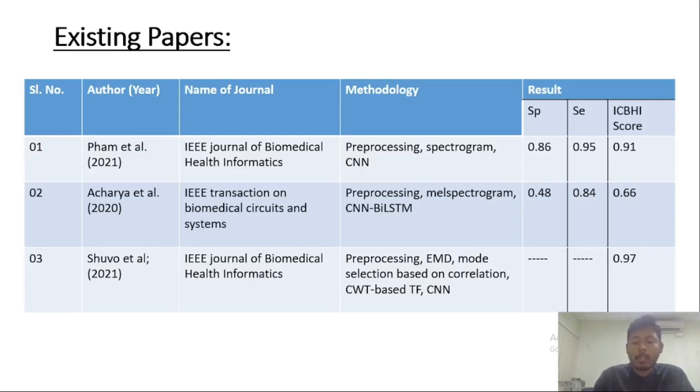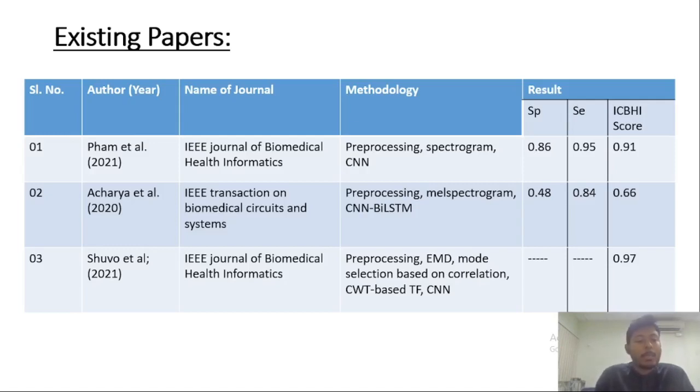They selected a specific mode based on a correlation criterion. Then they converted that mode into a continuous wavelet transform based time frequency representation, called a scaleogram. They also treated the scaleogram as an image and fed it into the CNN.